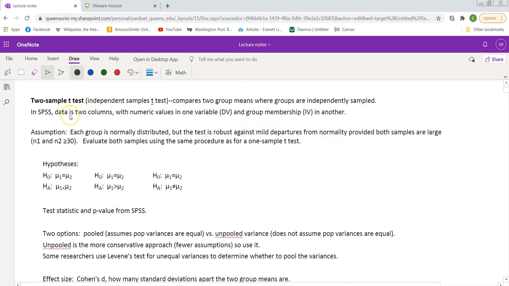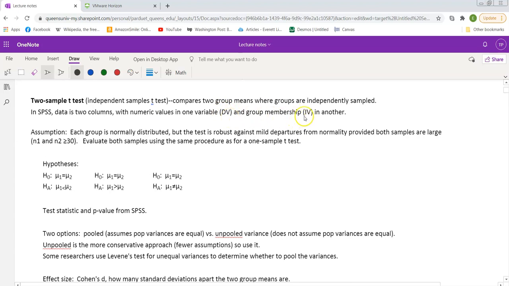So one way you could look at these two variables is to say that the group membership, in this case whether the child is a boy or a girl, is your independent variable. And the numeric values, the attention span, would be the dependent variable.